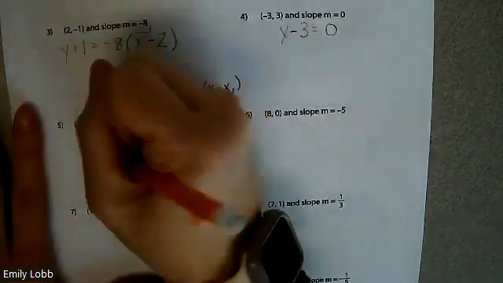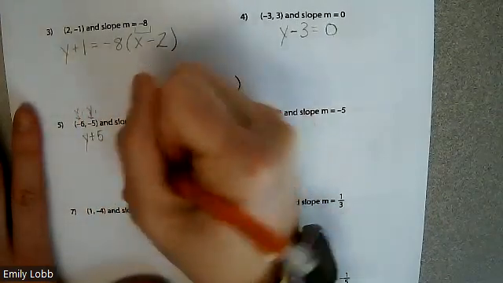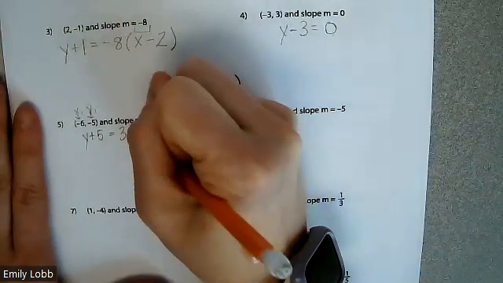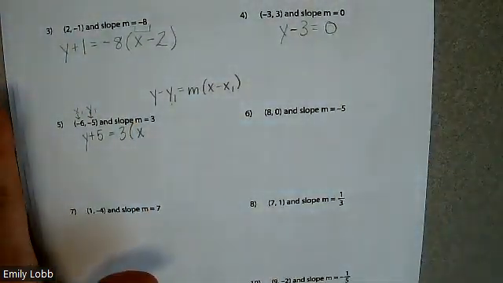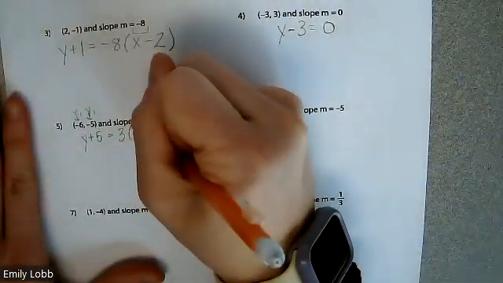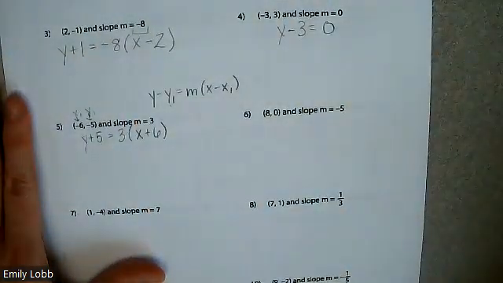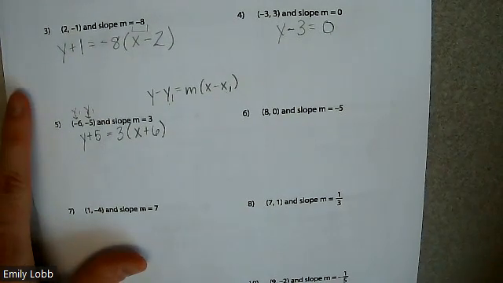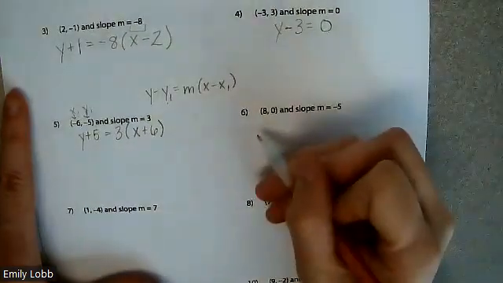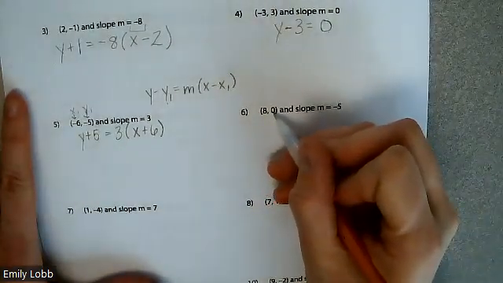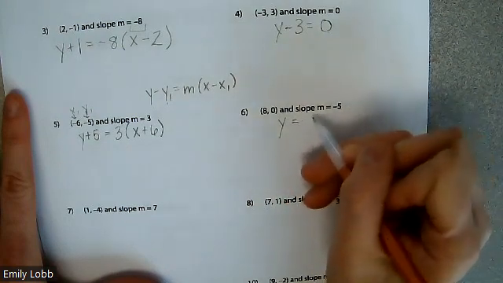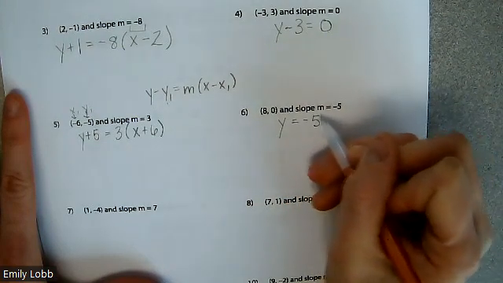Plus 5, because we're taking the opposite of our y value. We're putting in our slope. We're opening our parentheses. And then do we have x plus 6 or x minus 6? Plus 6, because we're taking the opposite of our x value of our point. I hope so. So now we have y minus 0, right? So we just have y is equal to our slope.